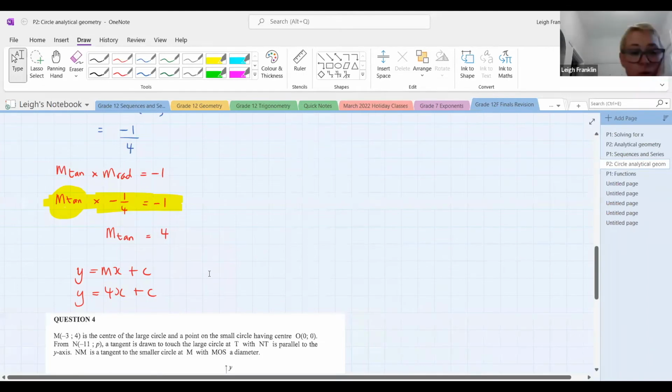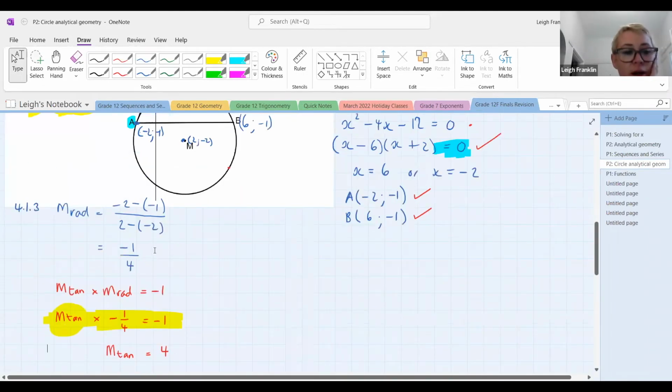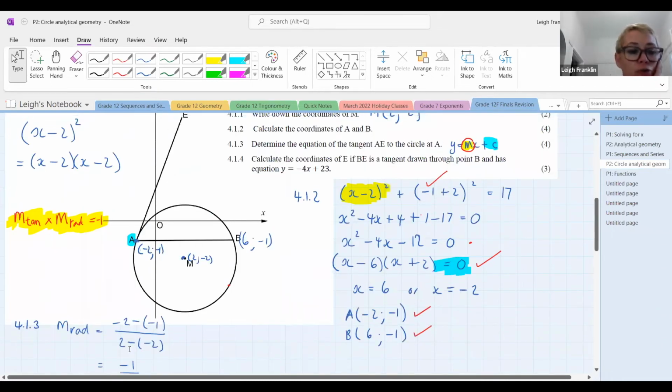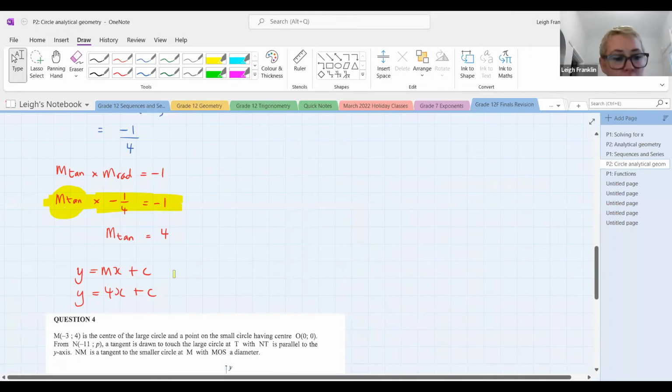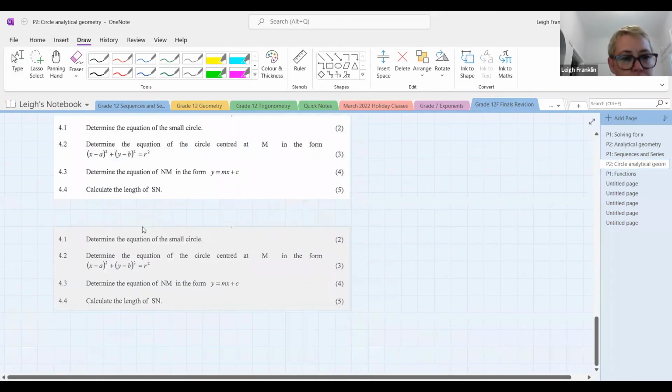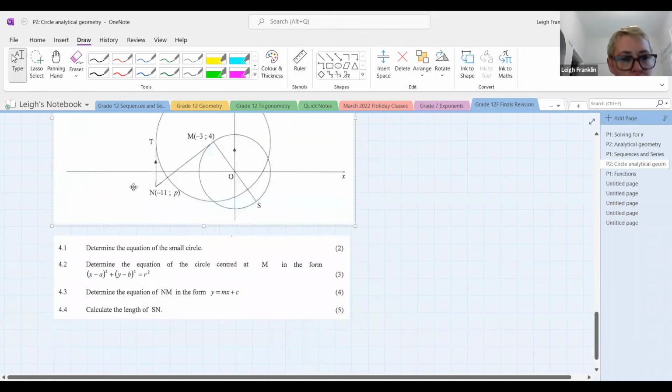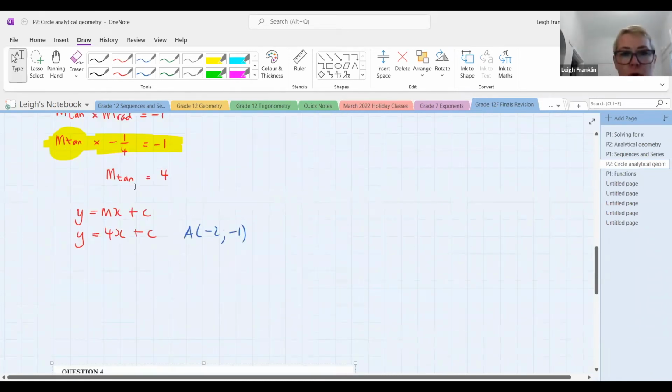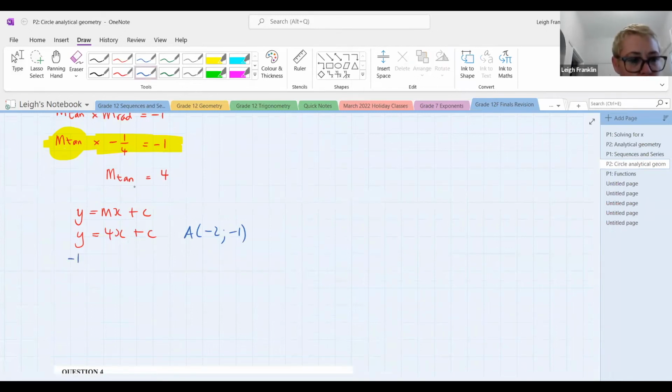Now, as the others were saying, if we go back and have a look at the diagram, the tangent goes through A. So the only pair of coordinates that we know lies on this line are the coordinates at A, which are -2 and -1. So now we are going to sub that in. We sub in A, -2, -1, and we would now end up putting -1 over here, 4 over there, -2 over here.